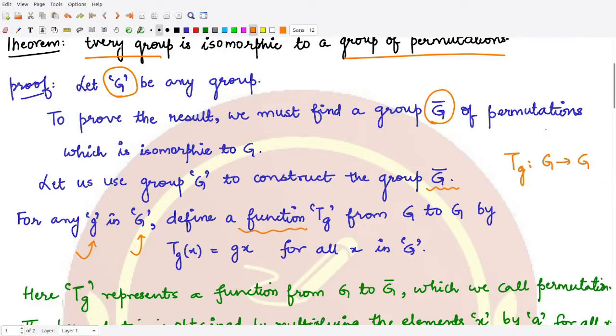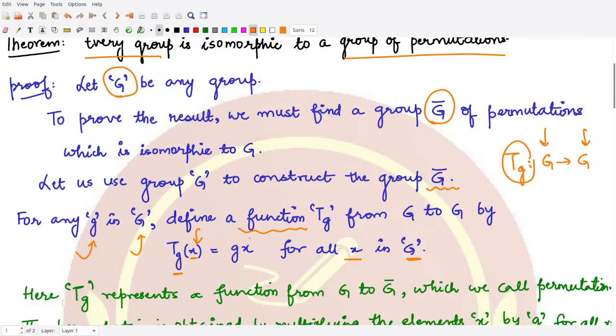So it takes elements of G and gives back elements of G. When we input some element x of capital G, we simply multiply g with this member x, and this is done for all the members of the group G.